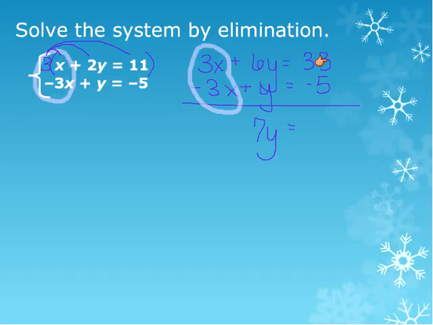And then what is 33 minus 5? And then to solve for y in this equation, let's divide both sides by 7. What will y equal?